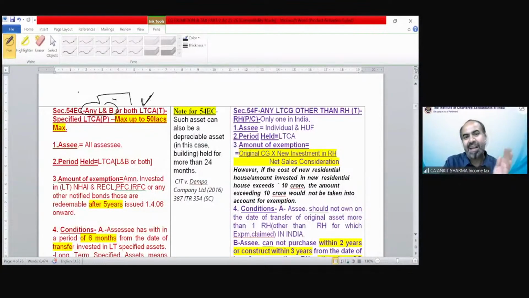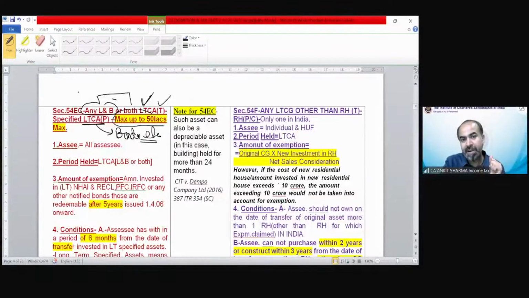So we have to transfer long-term land and building, and we have to purchase a specified long-term capital asset. There are some bonds and securities we are talking about.